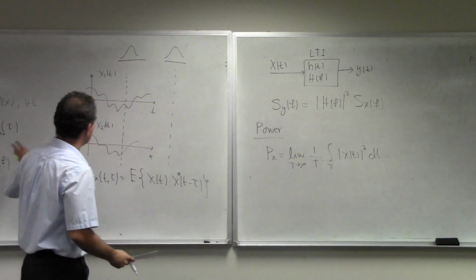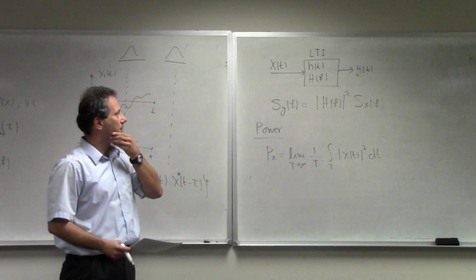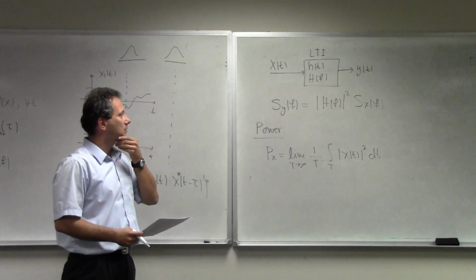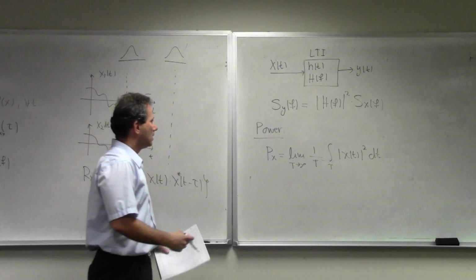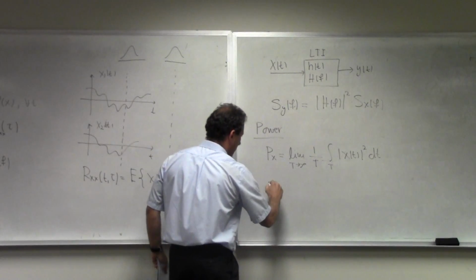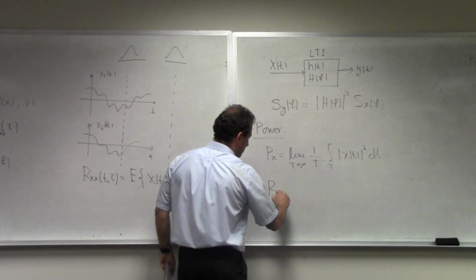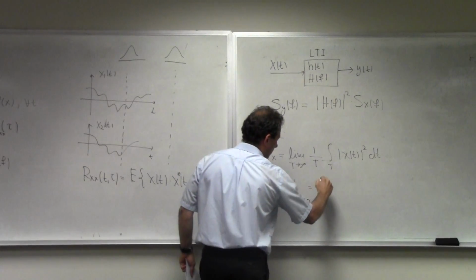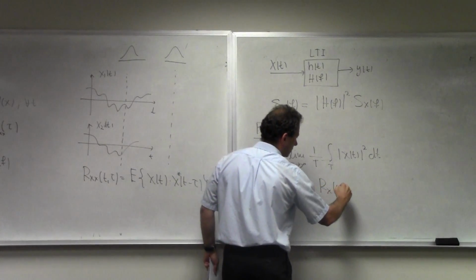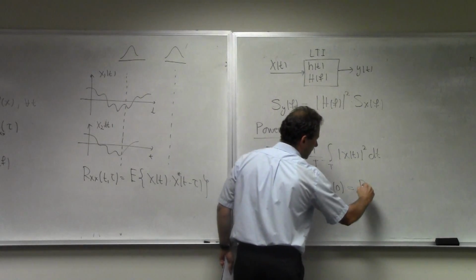But we have all of these beautiful things in a frequency domain. How do we calculate the power by knowing, for example, power spectral density? Well, here's what we know. We know that Rx(tau), for tau equal to 0, or in other words, Rx(0), is the same as the power.